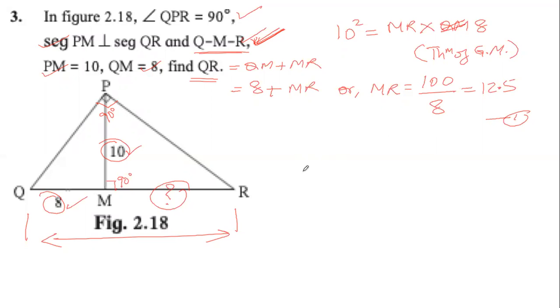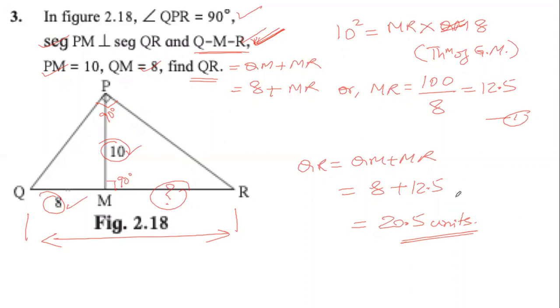Then you will write QR equals QM plus MR. We know that QM is 8. We have found out that MR is 12.5. When we add 8 plus 12.5, it is 20.5. And as Chand would remind me, we should write units. I'm saying it again. We are starting from the theorem of geometric mean.